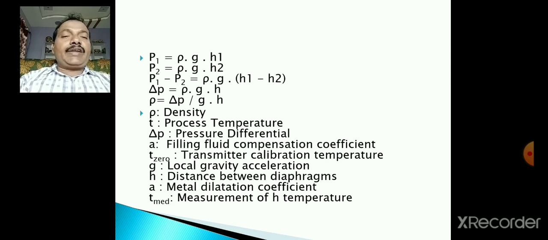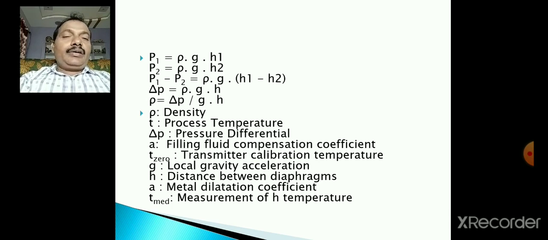So this differential pressure delta P is given by rho g H. Here rho is the density, hence we have to derive the equation for the density. If you move g H to the right side, then delta P by g H is the density of the fluid.